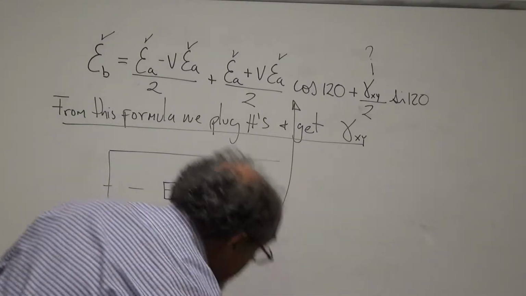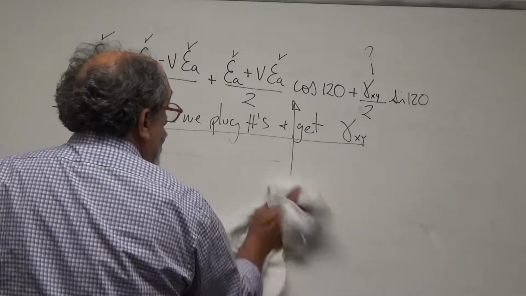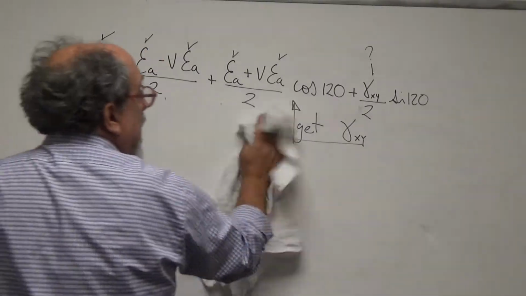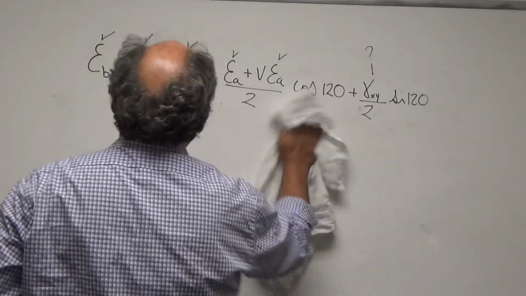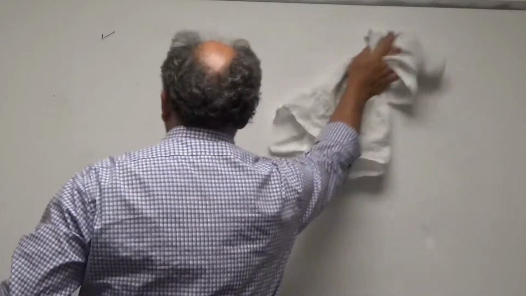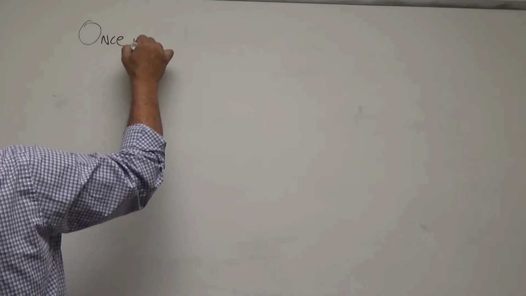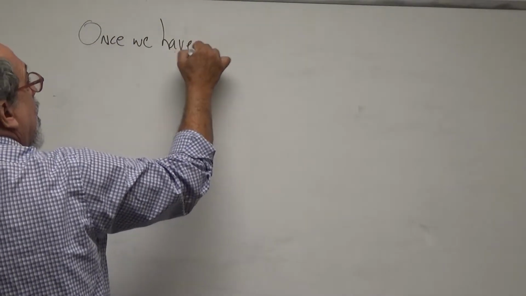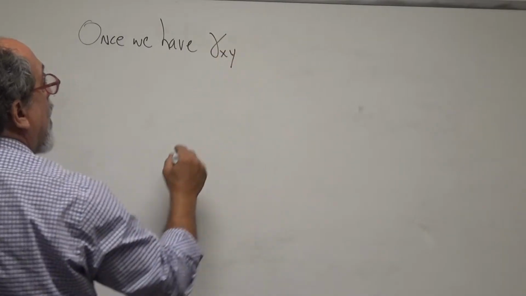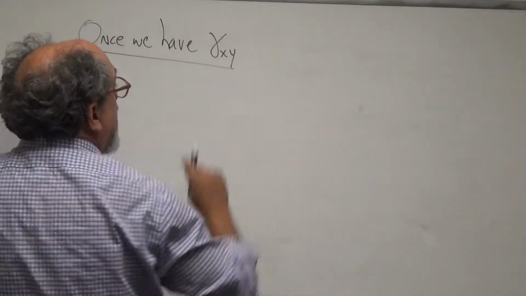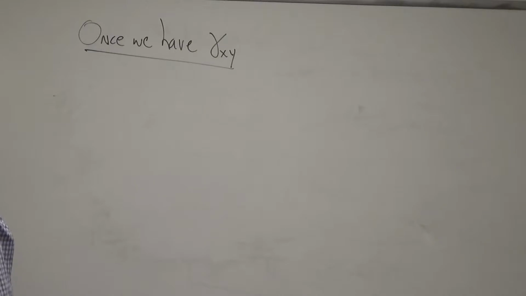Now the process is like this. Once we know gamma xy, once we have gamma xy as a number, right? But we plug it in.